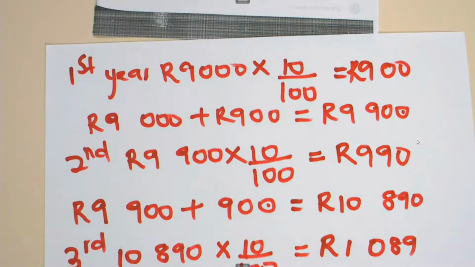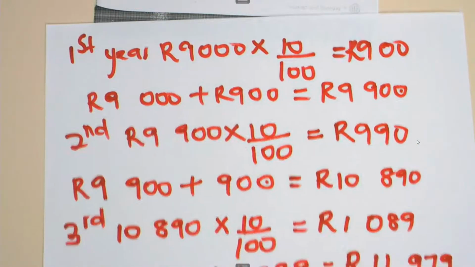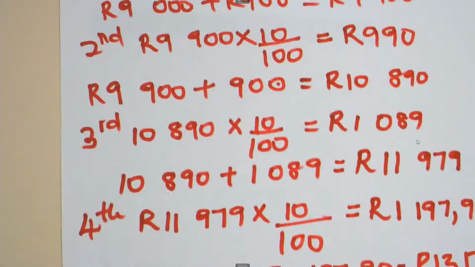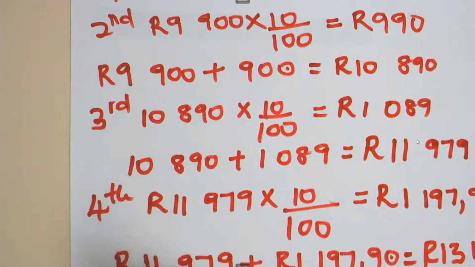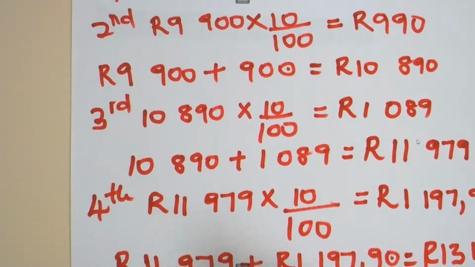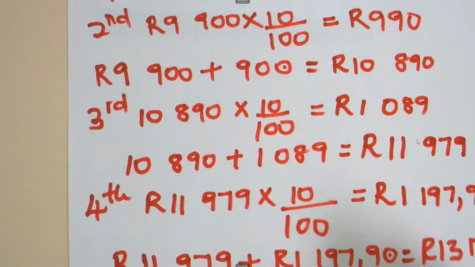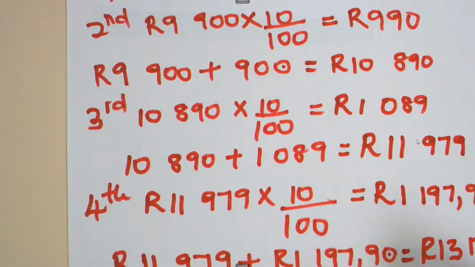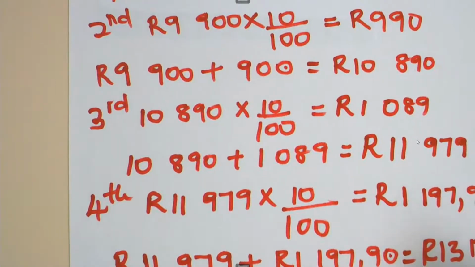And then we go on to the 5th year. During the 5th year, we take 13,176 rand and 90. We multiply it by 10%, and then it accumulates 1,317 rand and 69 cents.